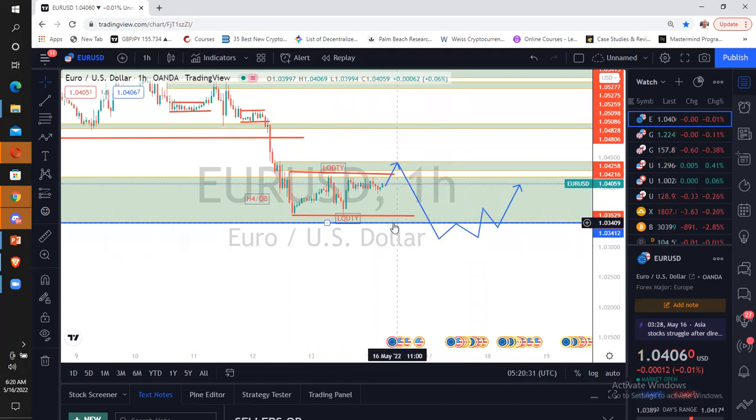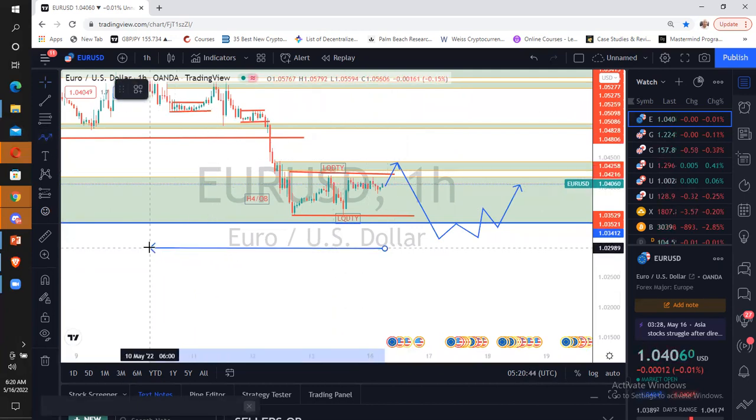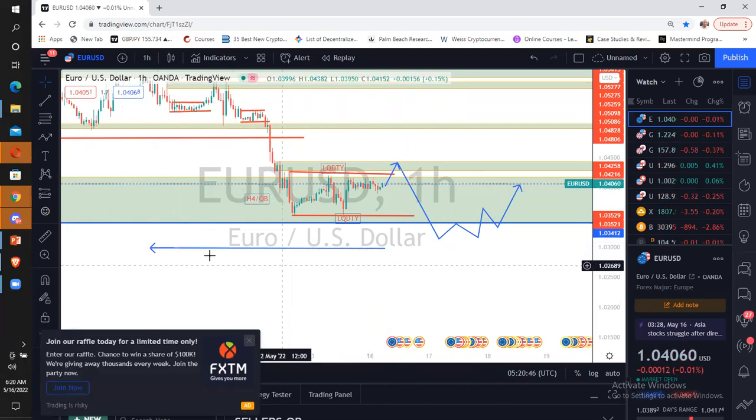When they remove this liquidity here, I want them to come below this particular point to show that they've done a stop hunt, removing the previous low of what happened back here many years ago. If you go to daily, you understand where this particular line came from. So once this has been done, then I expect them to reverse and go to the upside.